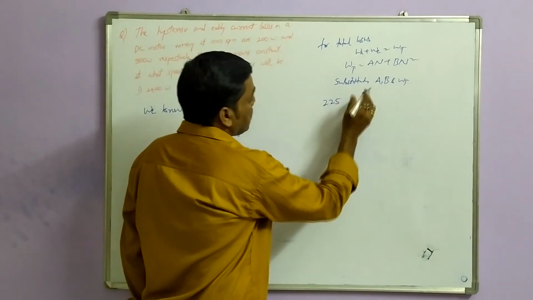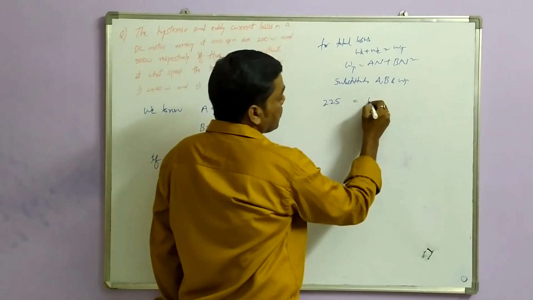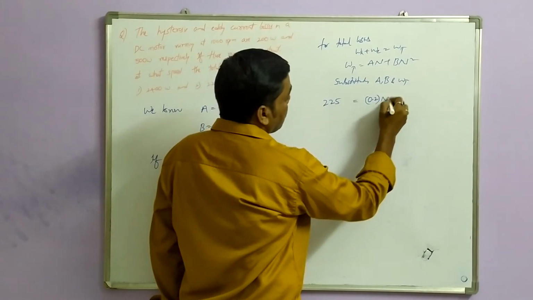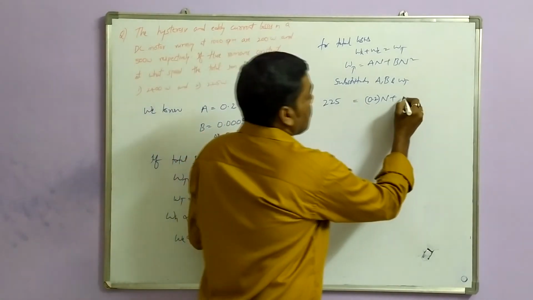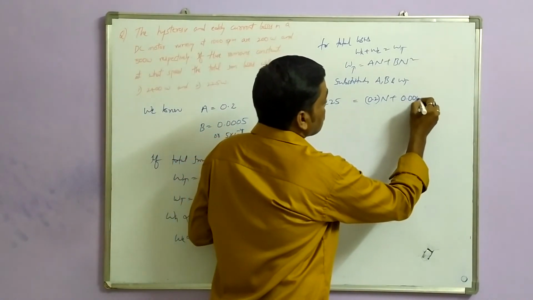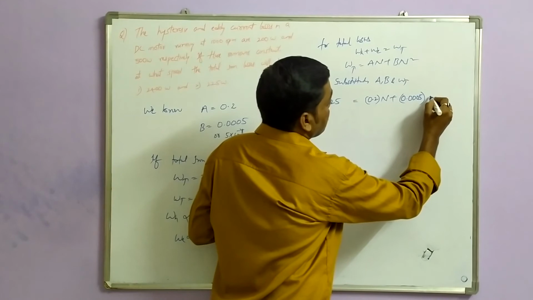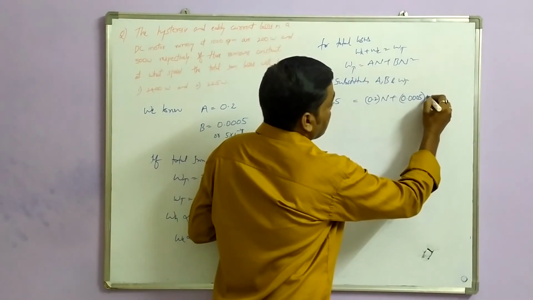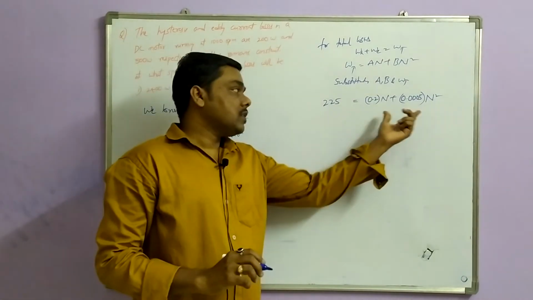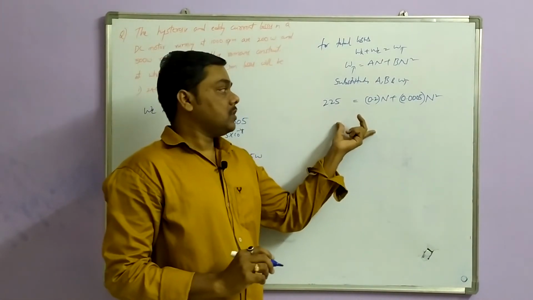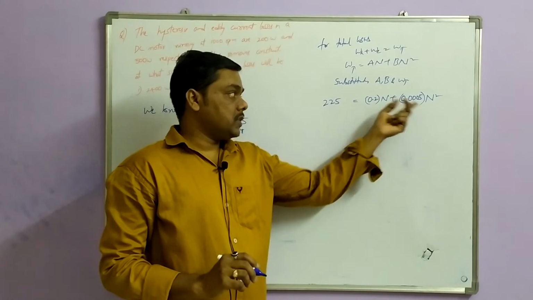What is the value of A? 0.2 into N, plus what is the B value? B equal to 0.0005 into N square. Now you see this equation looks like a quadratic equation, so we can solve it.